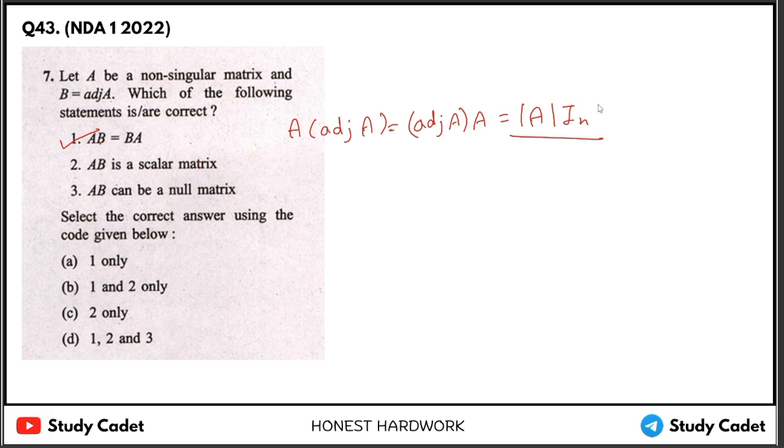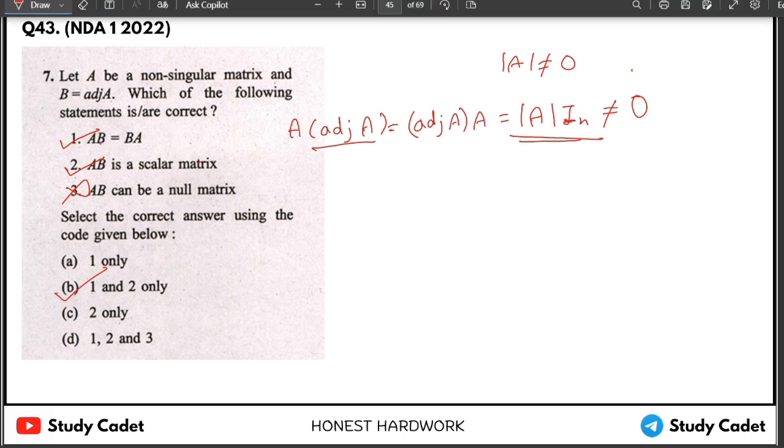Scalar matrix means a constant multiple of the identity matrix, so it is scalar. AB can be a null matrix. Okay, because determinant A is not 0, it is not singular, so the value of this thing can never be a null matrix. Okay, so it is wrong. 1 and 2 only, right?